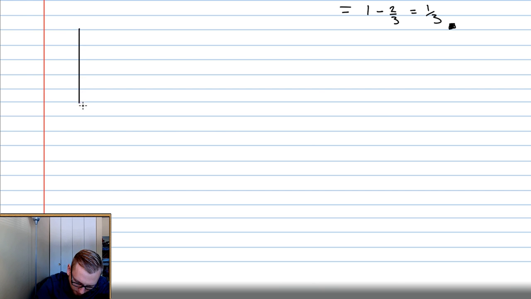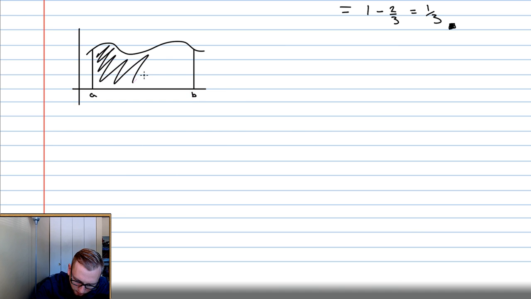So the integral is basically the area under the curve. If that's our curve, and this is our region points A and B, the integral gives us this area, right?